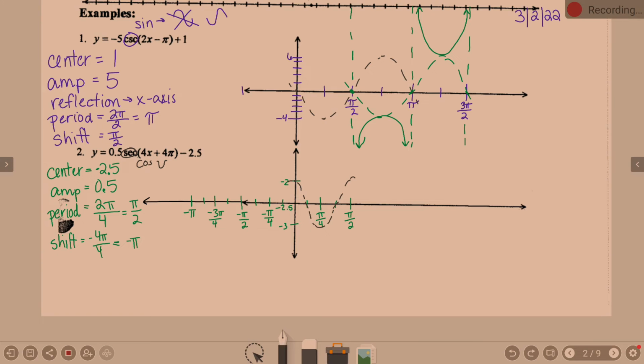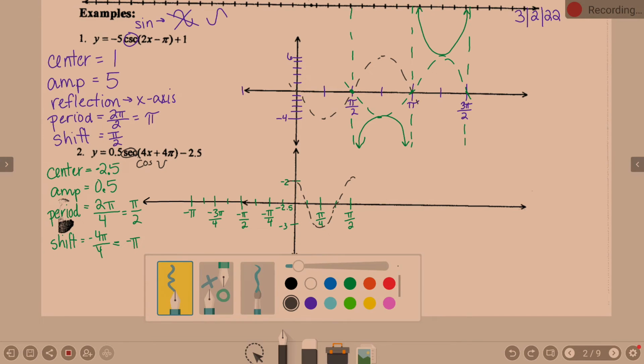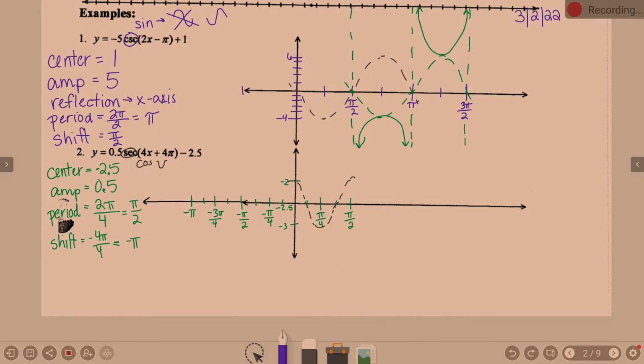Now, with that in mind, what about my shift? Shift of negative pi says my 0 here, what started at 0, is now going to start over at negative pi.